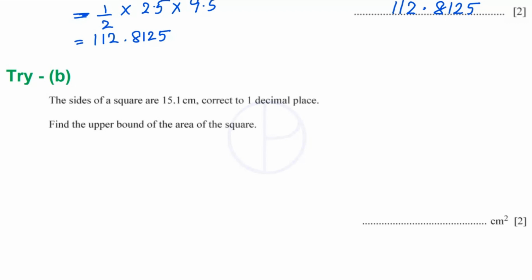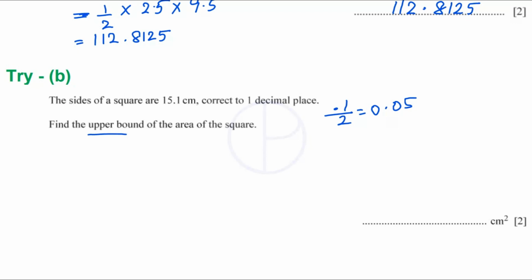Next, try this question. The sides of a square are 15.1 centimeter, correct to one decimal place. So 0.1 is the degree of accuracy. 0.1 divided by 2 is 0.05. So you need to add and subtract 0.05. Find the upper bound of the area of the square.